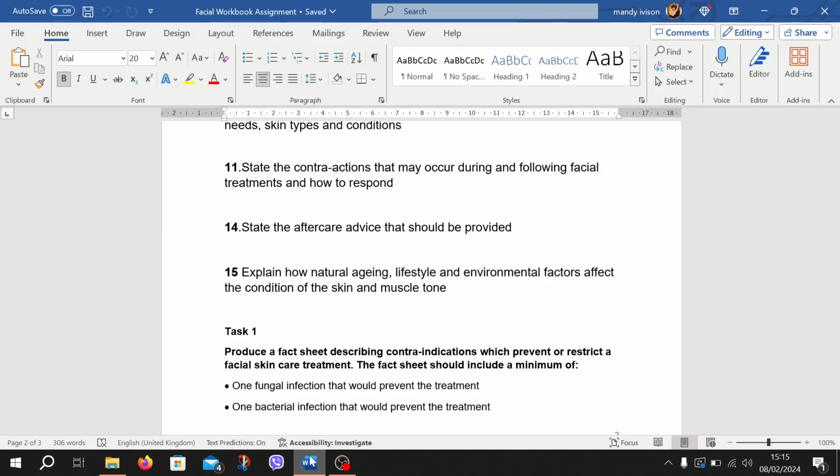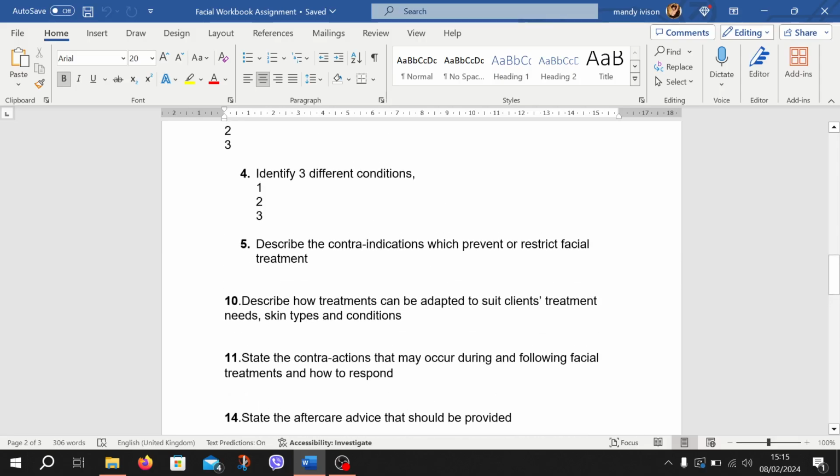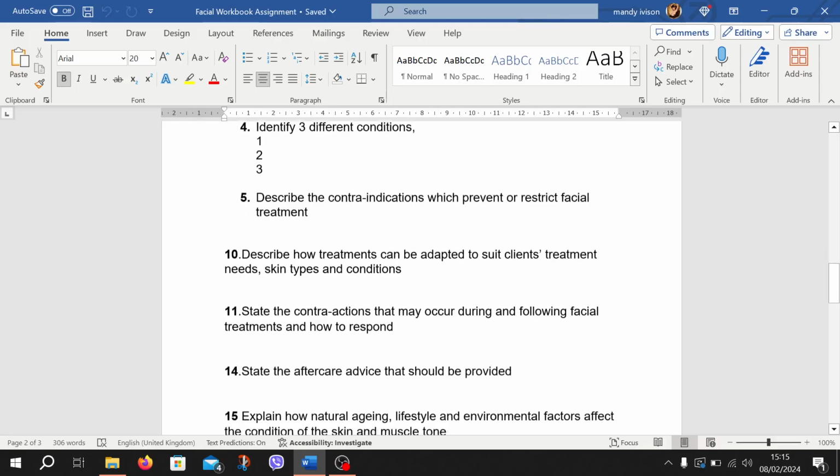So yeah, so number 15, explain the aging process. So everything's in your workbook. All right. So task 1, produce a fact sheet describing the contraindications that prevent and restrict a facial treatment. So that refers to look at question 5. Okay.